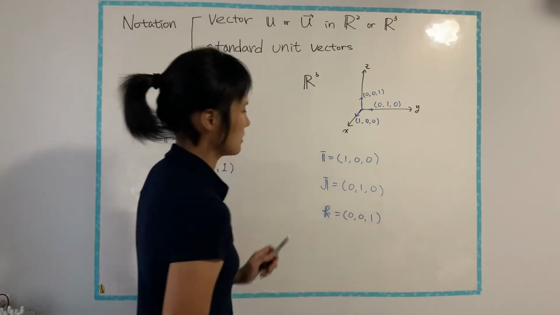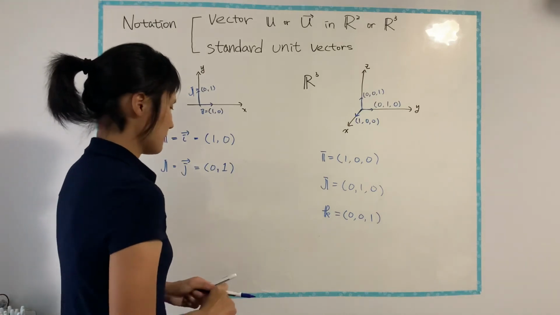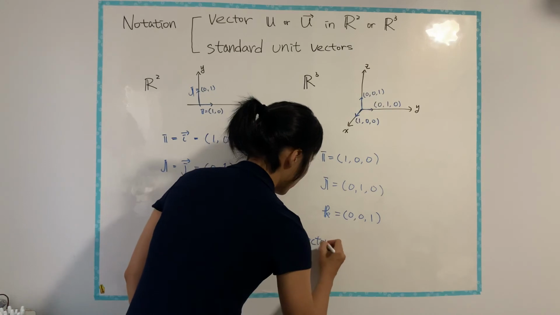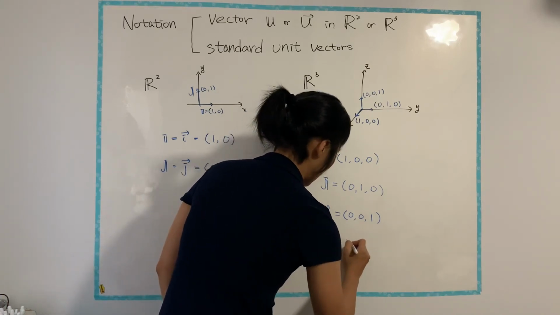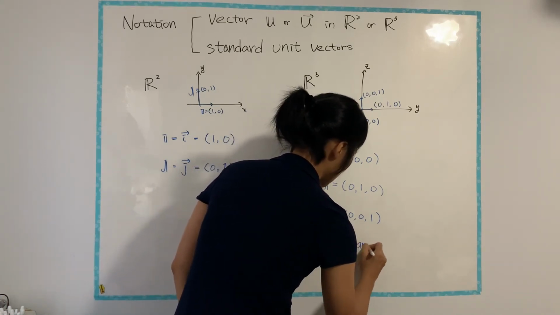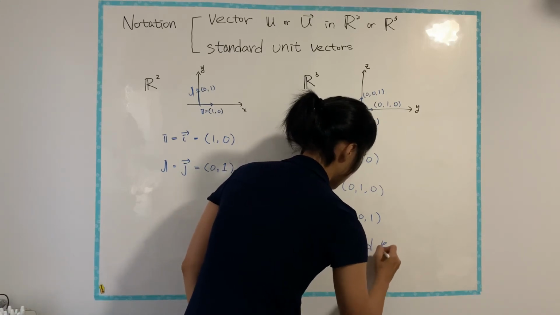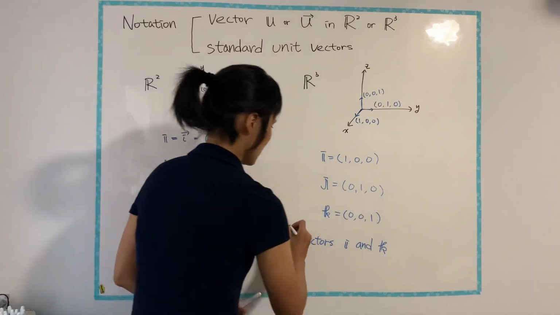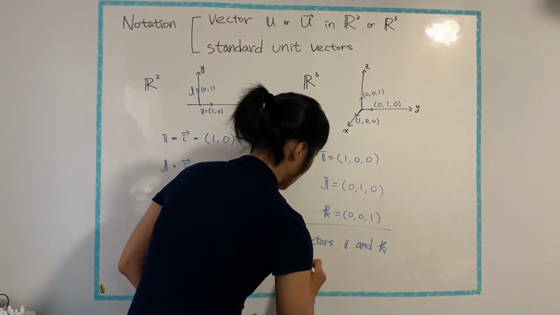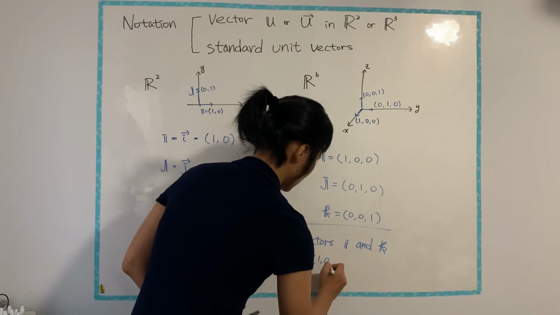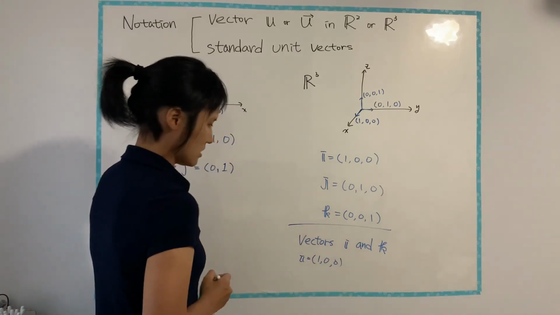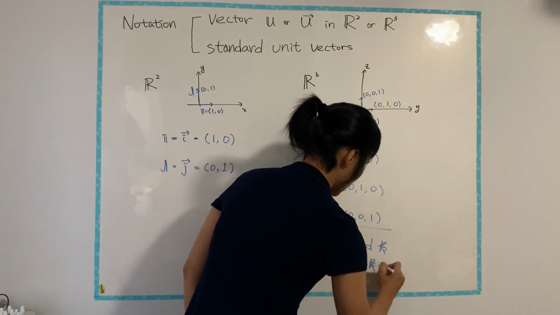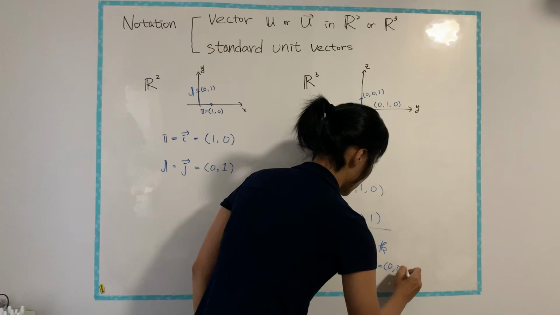Okay, so if I now say vectors i and k, you should know which vectors I'm talking about. i, by notation, means the vector (1, 0, 0), and k is the unit vector (0, 0, 1).